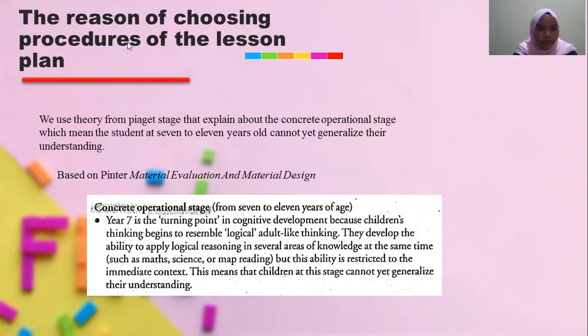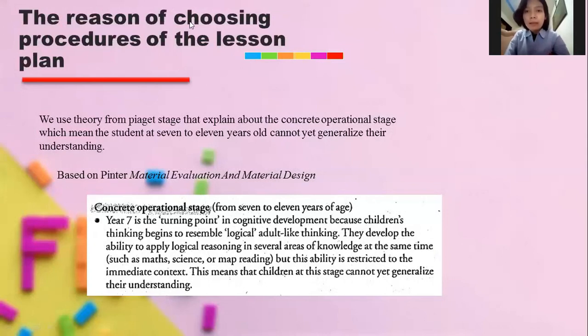Okay, here we use the theory from Piaget's stage that explains the concrete operational stage, which means the students at 7 to 11 years old cannot yet generalize their understanding. So here is the theory from Pinter, material evaluation and material design.